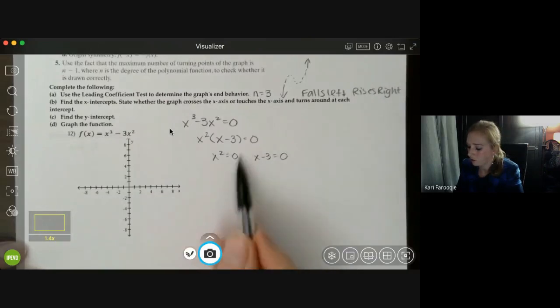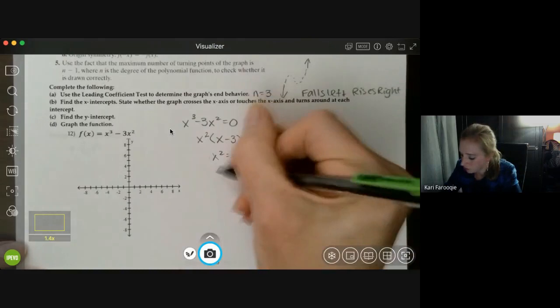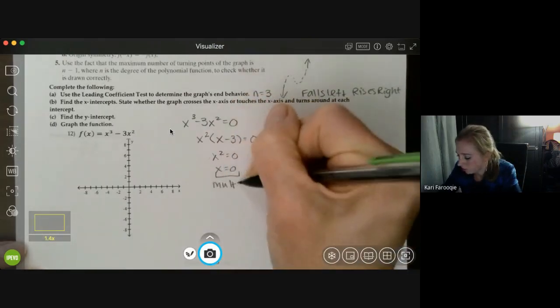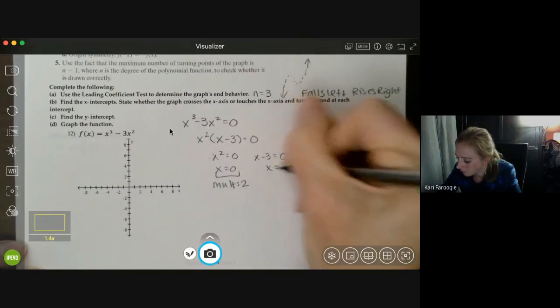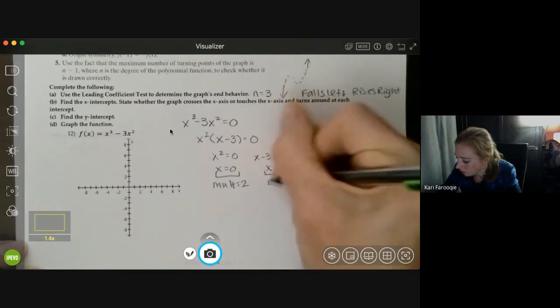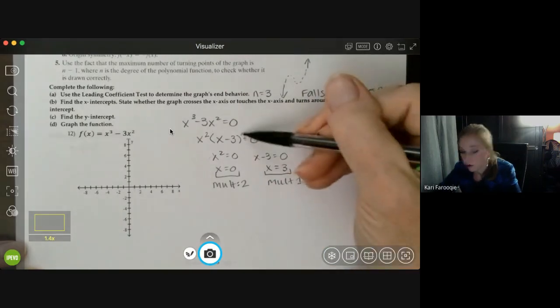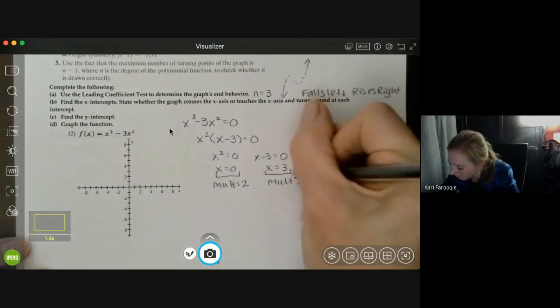If you don't want to include this particular step of x squared equals 0, that's okay. I just want you to make sure you know that this 0 has a multiplicity of 2. And x equals 3 has a multiplicity of 1 because your factor only appeared one time. The exponent is 1.